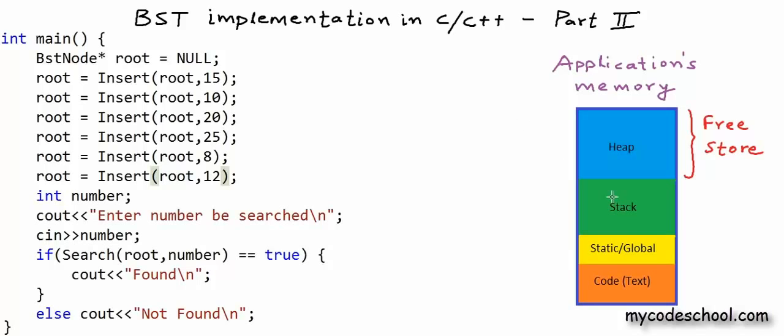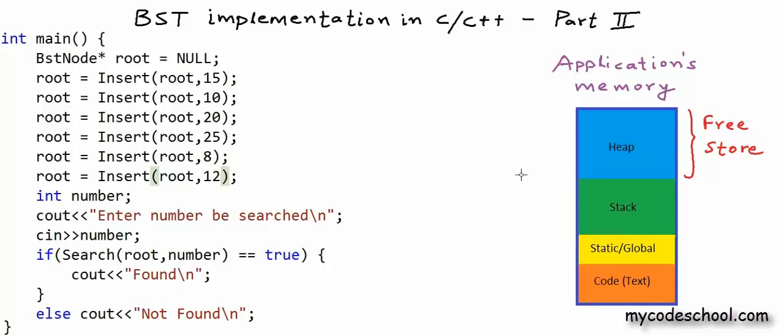The size of all other segments is decided at compile time, but heap can grow during runtime, and we cannot control allocation or deallocation of memory in any other segment during runtime, but we can control allocation and deallocation in heap. We have discussed all of this in detail in our lesson on dynamic memory allocation. You can check the description for a link.